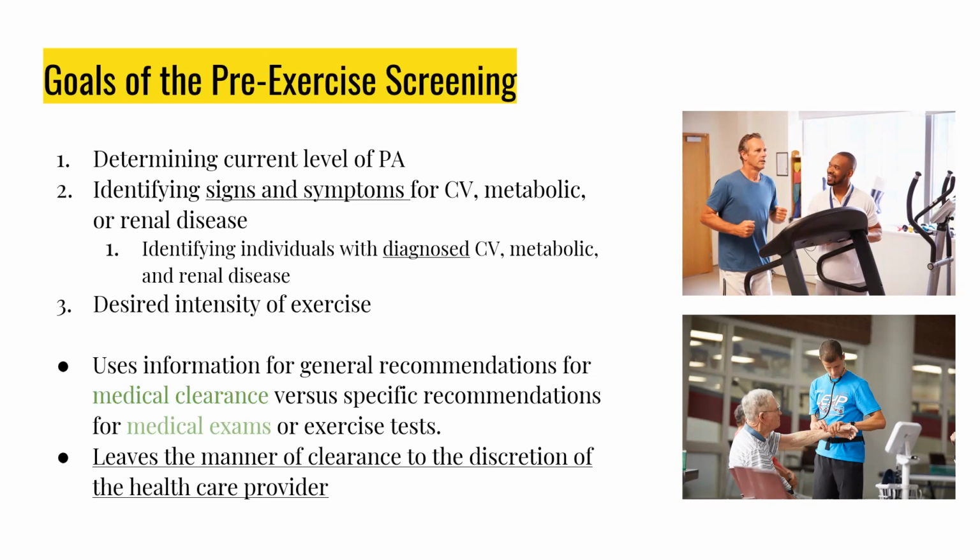Once we have determined their current level of fitness, and if they present any signs and symptoms of cardiovascular, metabolic, or renal disease, then we can establish at what intensity of exercise, either light, moderate, or vigorous intensity. So using this information, we can create general recommendations for whether we need medical clearance versus specific recommendations for medical exams or exercise tests.